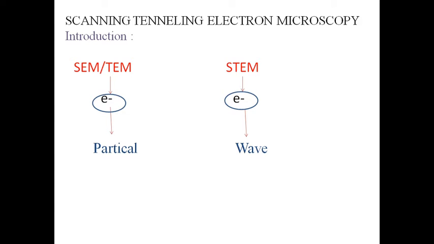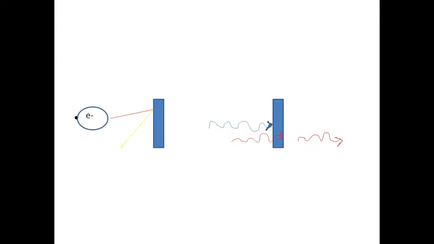Then this technique, scanning tunneling electron microscopy, is based on the tunneling effect of quantum physics. See here, when the electron behaves like a particle, that electron goes to the wall and is reflected.